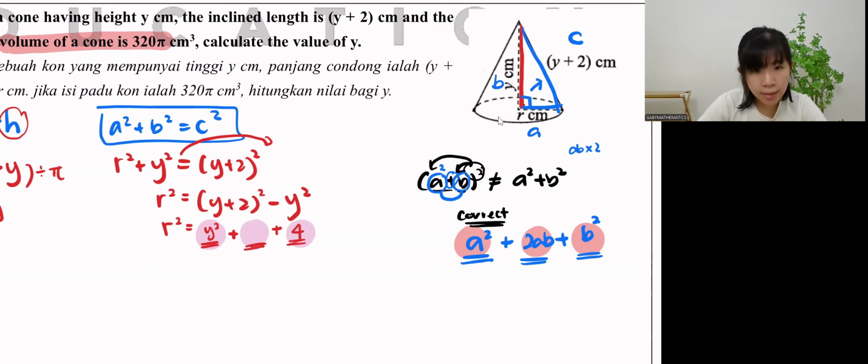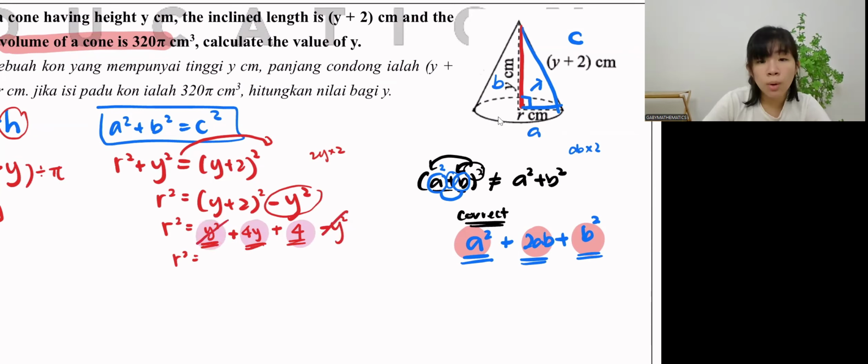How do we get the middle term? These two terms times together times 2. Y times 2, so it's 2y. 2y times 2, 4y. Understand? And don't forget, we still have this minus y square, put at the back. Okay, r square equals how much? You see, y square and minus y square, these two no more, become 0. So we are left with 4y plus 4. Okay, this is our r square.